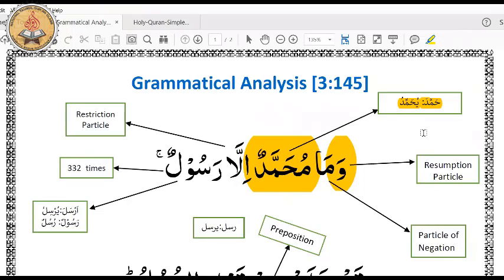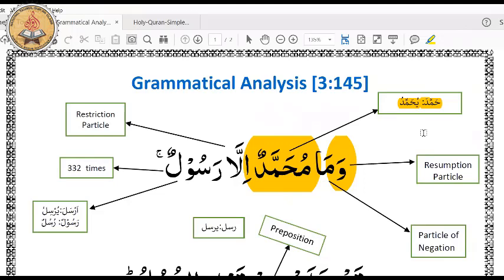Remember that here on the mim, mushaddad, is a fatha. So this is basically the one who has been praised, Muhammad. So wa ma Muhammadun, and this is the root meaning, but we know that Muhammad is the proper noun of the Prophet of Islam, sallallahu alaihi wasallam.